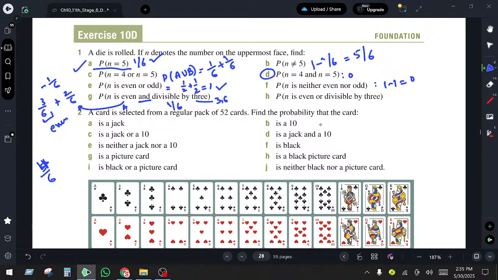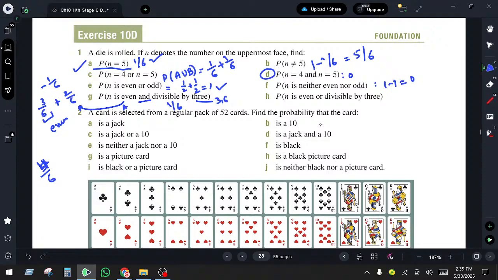Even and divisible by 3. Probability of even number 2, 4, 6 is 3 by 6, it's 1 by 2. No problem, 1 by 2 or 3 by 6. Probability divisible by 3 is 3, 6.